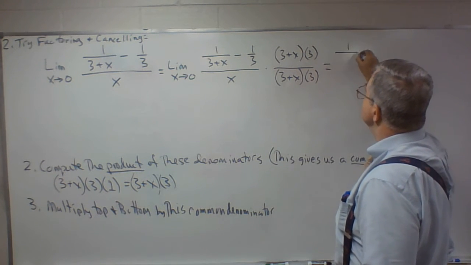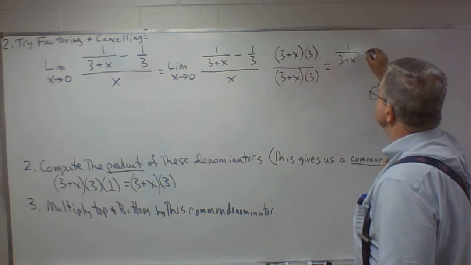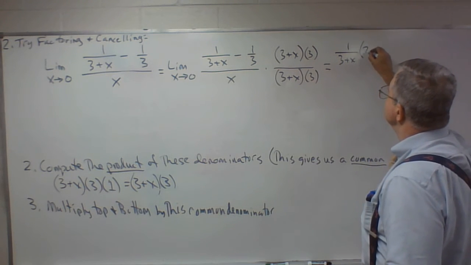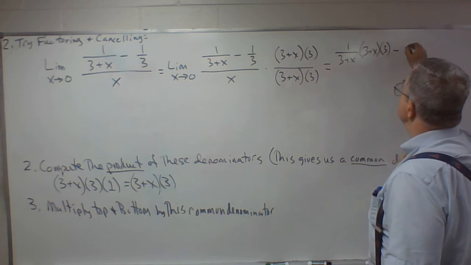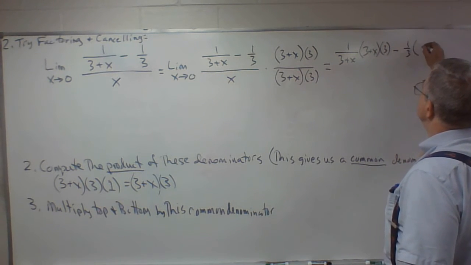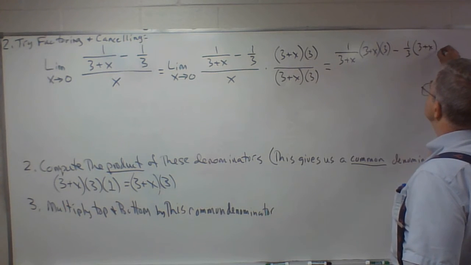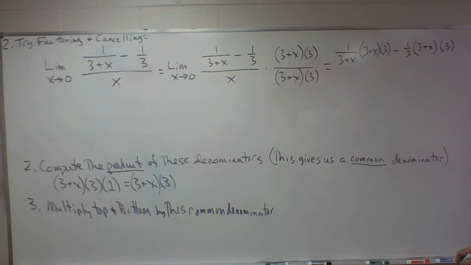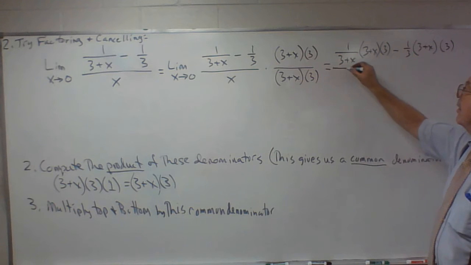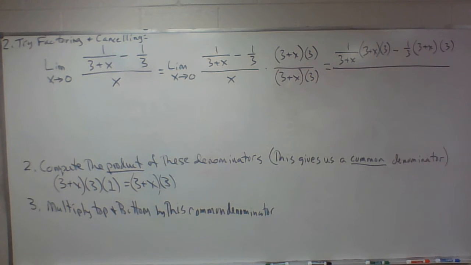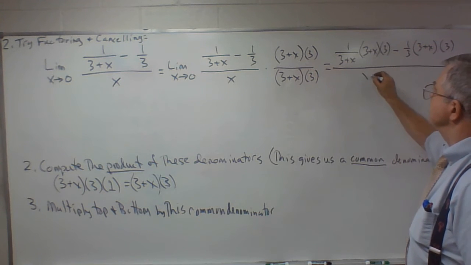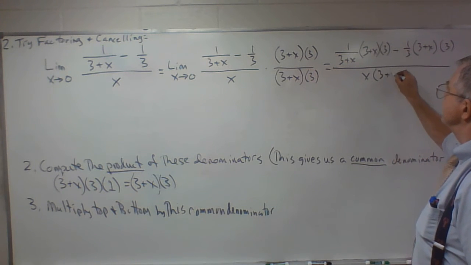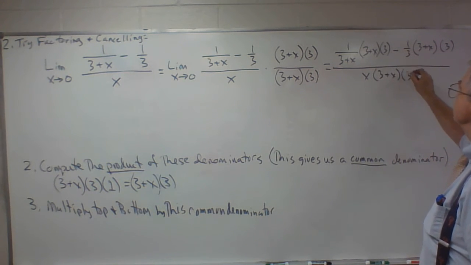So we'll get 1 over 3 plus x times 3 plus x times 3 minus 1/3 times 3 plus x times 3, all over x times 3 plus x times 3.